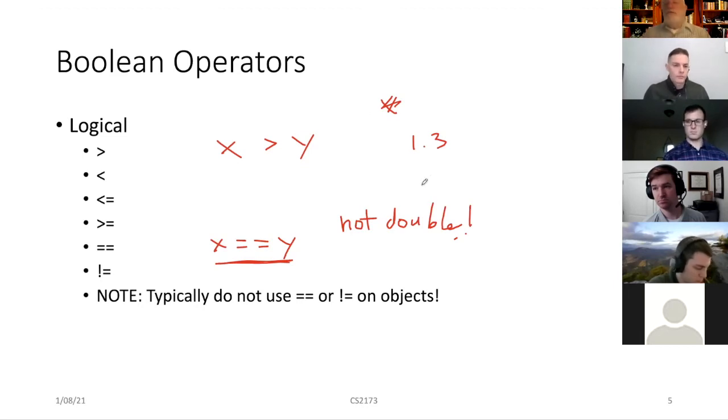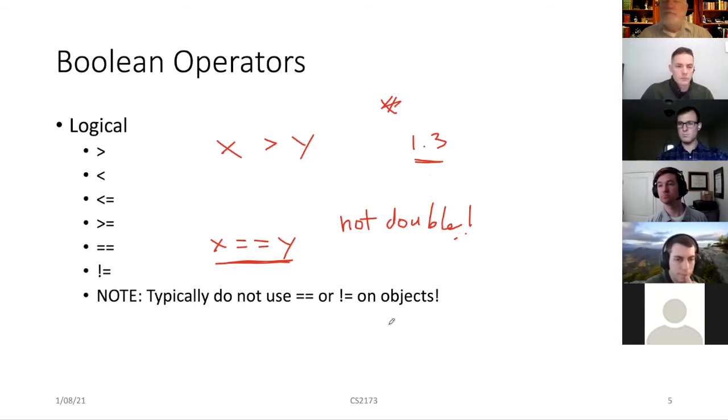It's called double because this value is represented by two words. It's distinguished from float. Remember the list of primitives, and the two floating point types are double and float. Float is single precision. It uses a single word to represent the number.